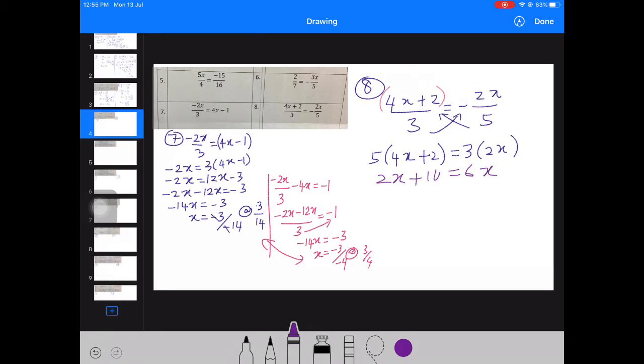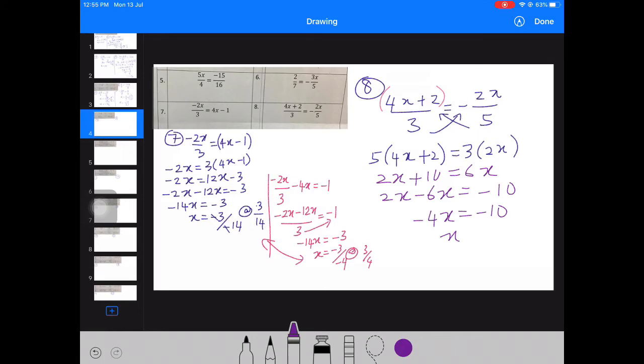Then we group the like terms. 2x minus 6x equals to 10. You bring to the right, becomes negative 10. 6 you bring to the left, becomes minus 6x. So 2 minus 6 is negative 4x equals to negative 10.